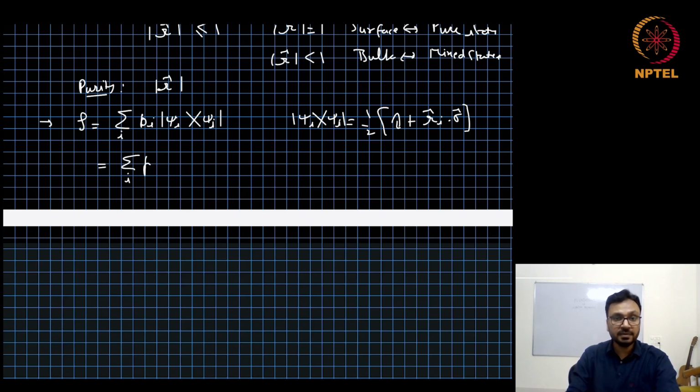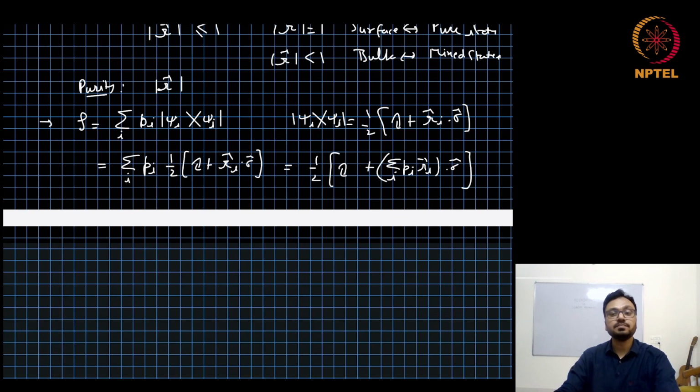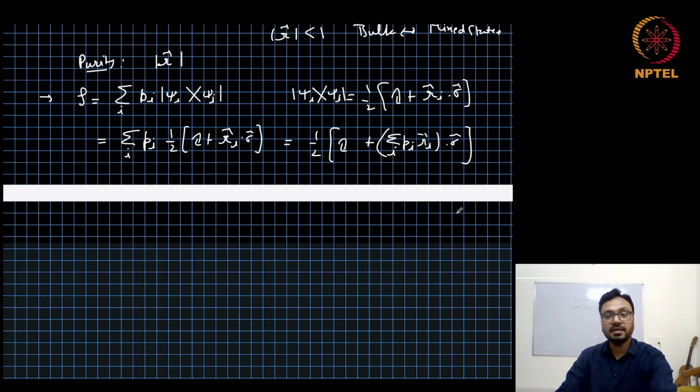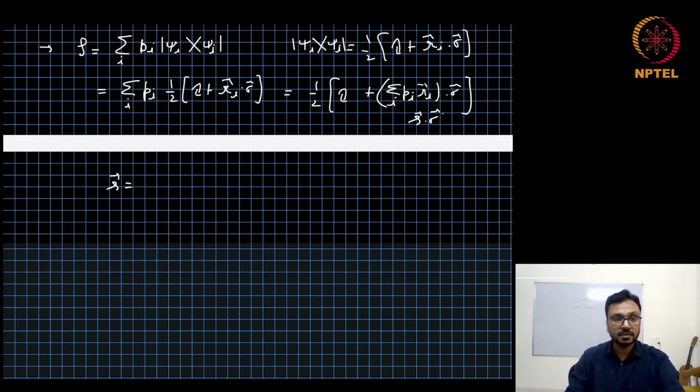We get the sum over i of p_i times half identity plus r_i dot sigma, that is half identity plus the sum over i of p_i r_i dot sigma, and we can call it S vector dot sigma, where S vector is nothing but the sum over i of p_i r_i vector.